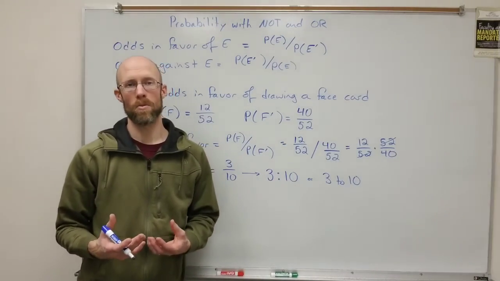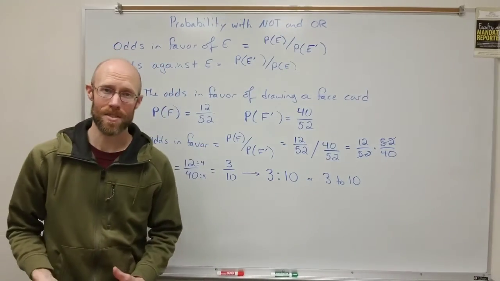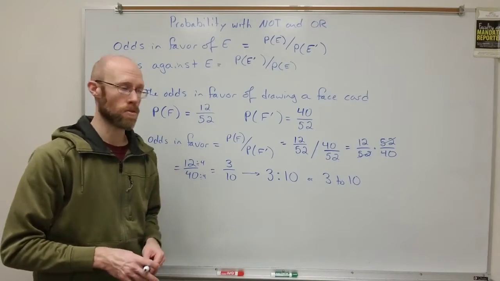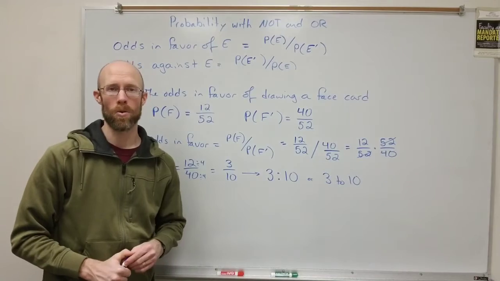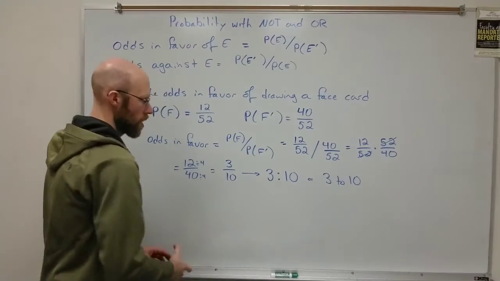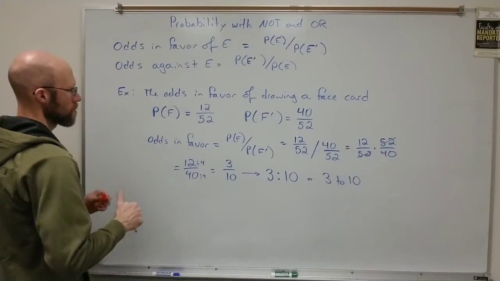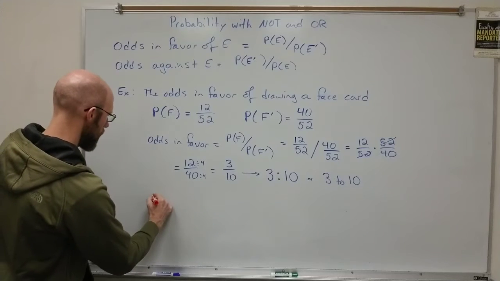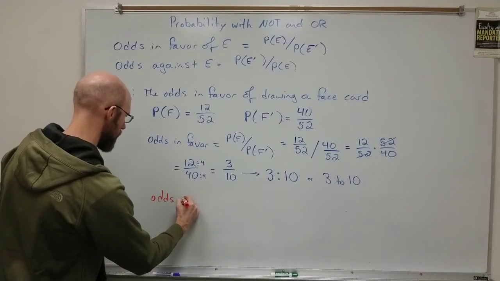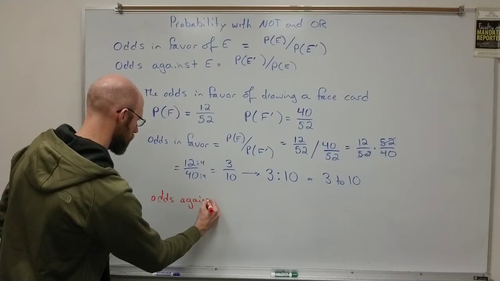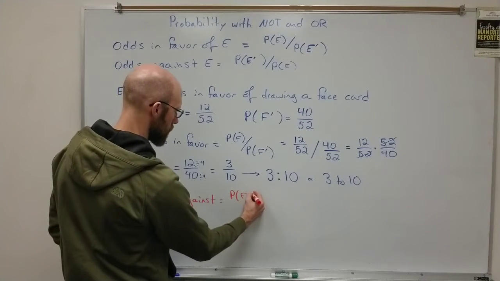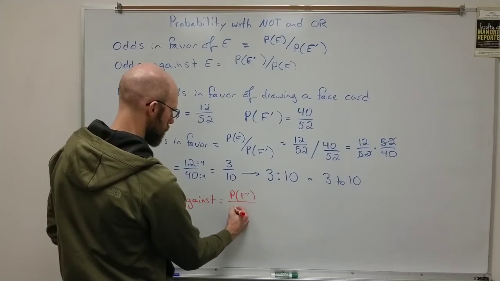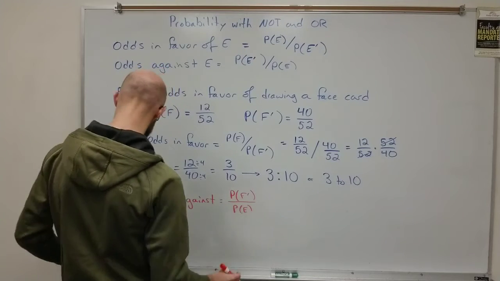Now, if I wanted to reverse that and do the odds against, it's the reciprocal of the original fraction, which ends up simply reversing the order of the two numbers there. So I'll do this in red. The odds against would start off as the probability of F's complement over the probability of F. I did E. Why did I do that?